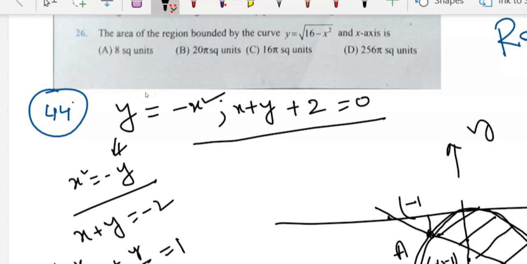So what I am going to do there, I plot this thing first. Then you raise the whole graph by 1 unit above the x-axis. Minus 1, 0.